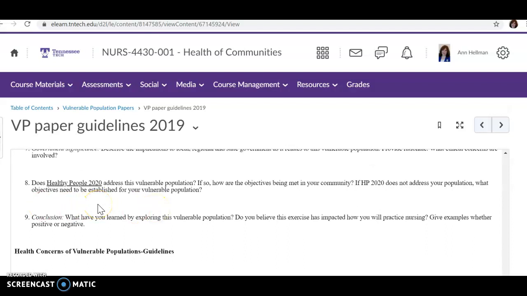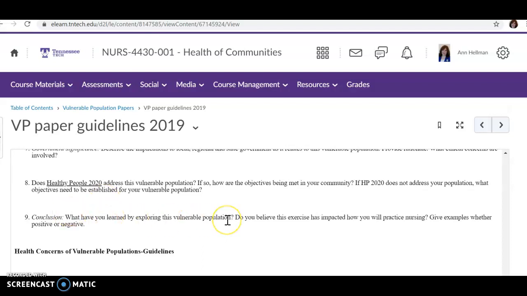Healthy People 2020 is something that you're going to learn about as we go through the lectures in the first few weeks, and it's a national framework of healthcare objectives for our nation. And you're going to tell me which ones may be helpful for your vulnerable population. Are there any that are applicable? Now, your vulnerable population may not be specifically stated under Healthy People 2020, but there may be some objectives that could pertain to your population.